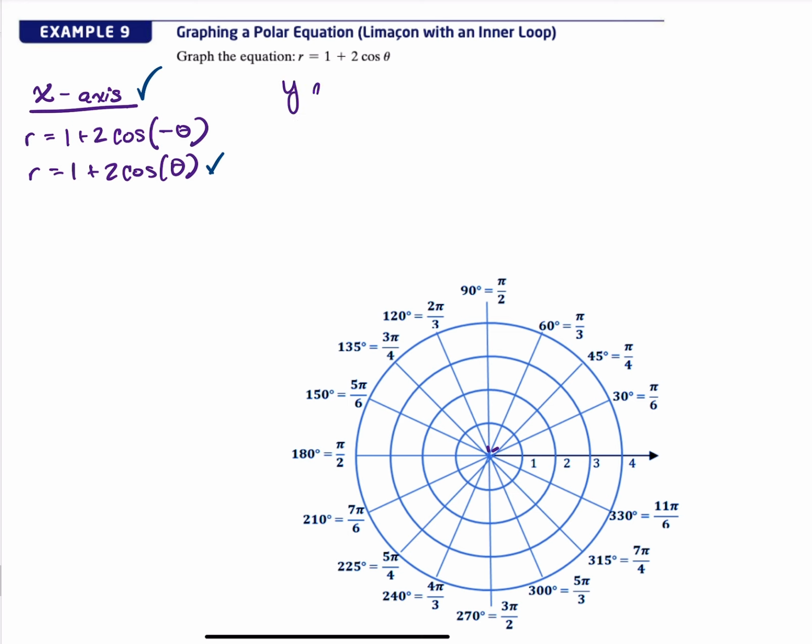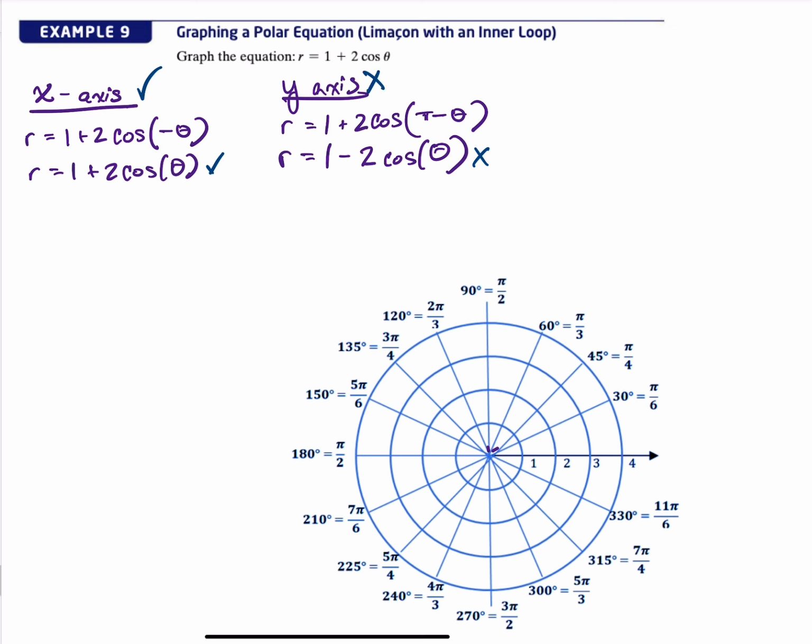Y-axis symmetry, if we replace theta with pi minus theta, we'll get an opposite cosine value, or we can expand that out and prove it to ourselves, but we'll get not the same function back, so no y-axis symmetry.